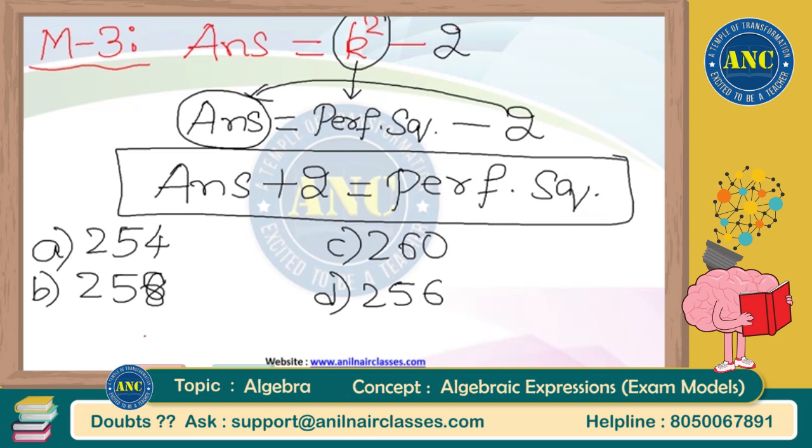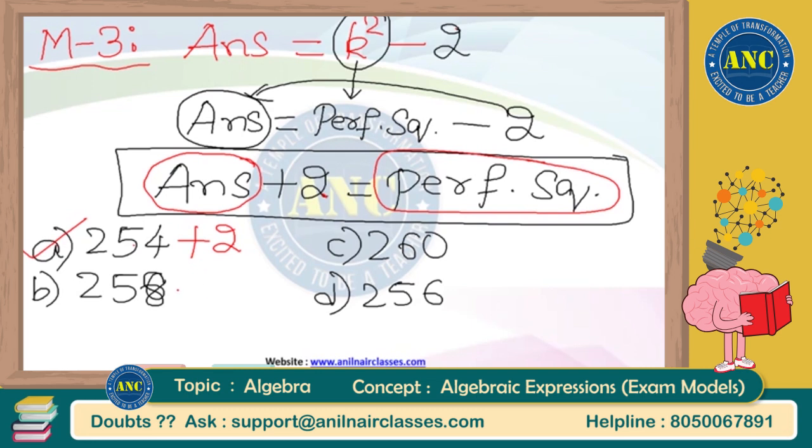It is very, very simple. Pick up the first answer option, for example 254. Add 2 to it. 254 plus 2 is 256. Check whether that number is a perfect square. Yes, 256 is a perfect square. Therefore, first option should be correct.